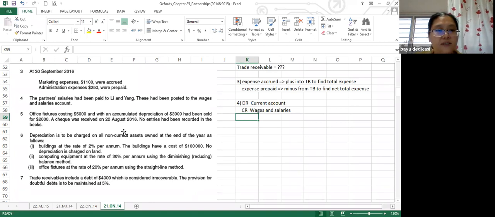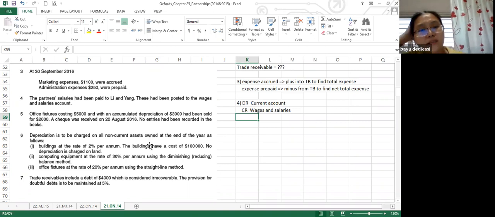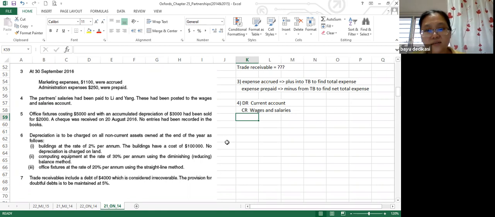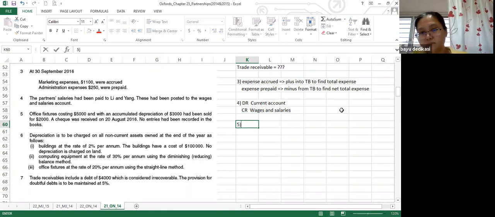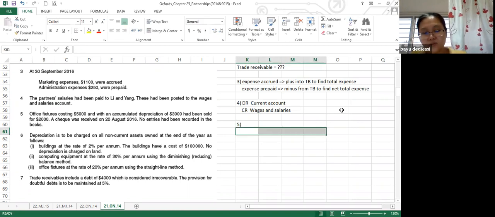Office fixture cost 5,000 and with the accumulated depreciation has been sold for 2,000. This is a disposal account. So I open the simple disposal account.